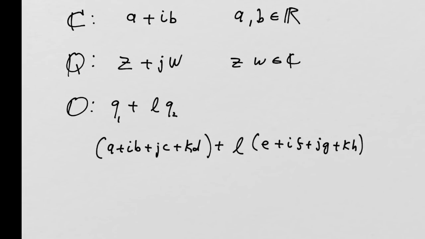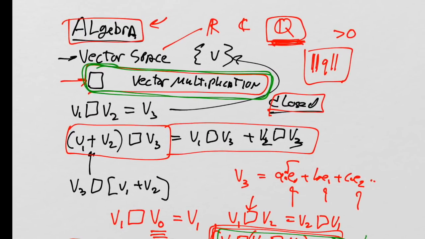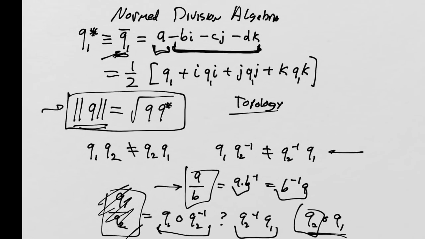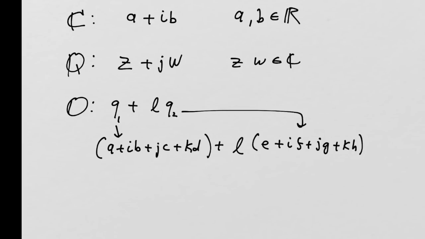I would have to expand this, and Q2 would become this E, I, F. Notice I've reversed things: I've flipped B, C, and D with the real numbers, unlike last time, where I was putting the real number first and then the basis vector second. But it just doesn't really matter, right?